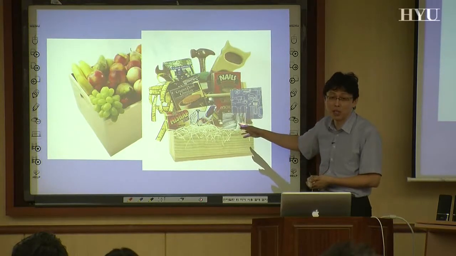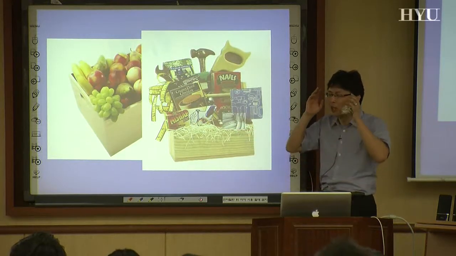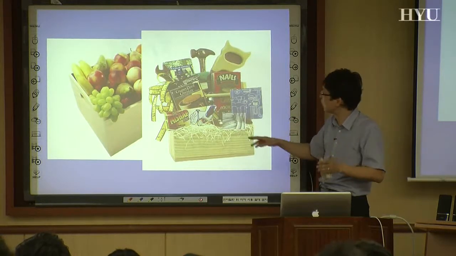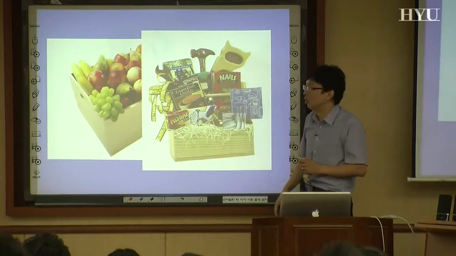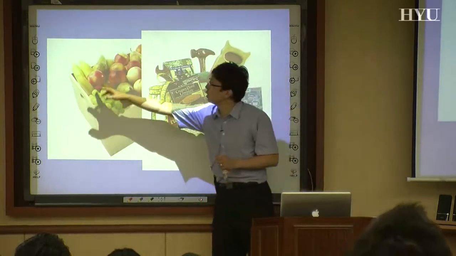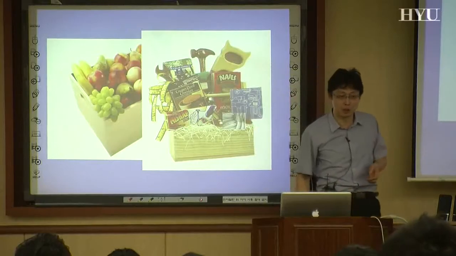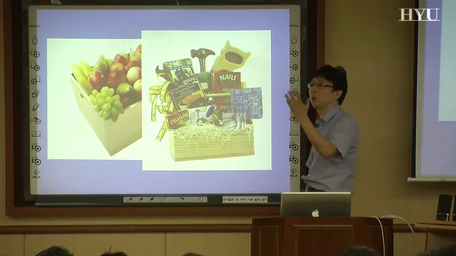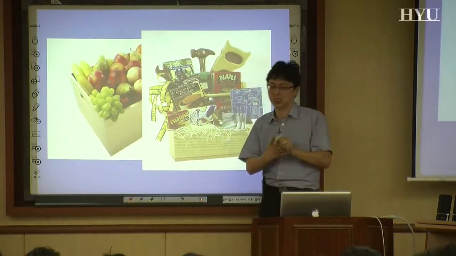If you want to recognize the banana in here, you have to really pay attention. Otherwise you can't see it, because the whole context says, oh, no bananas in here. But when you see the fruit box, you can easily find the bananas. Context might filter out some of the information through your eyes.